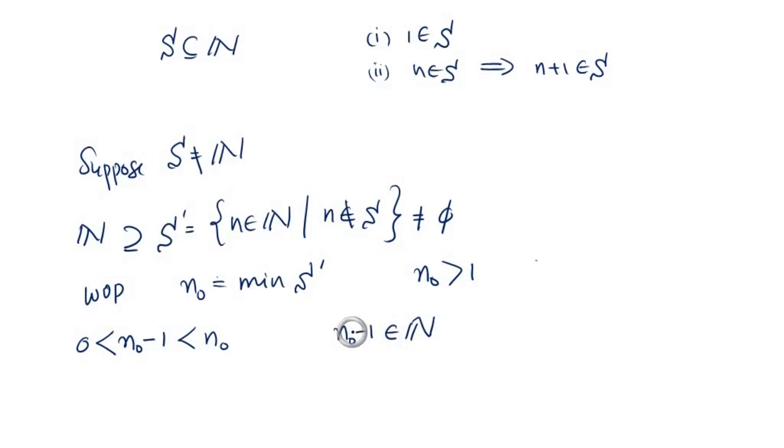Now, this does not belong to this set because it is less than the minimum element of this set. This does not belong to this set, then it should violate this condition which determines the membership of this set, and therefore n0 minus 1 must belong to the set S.